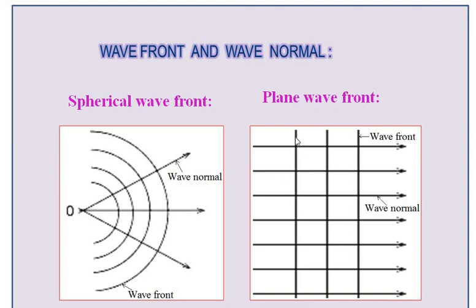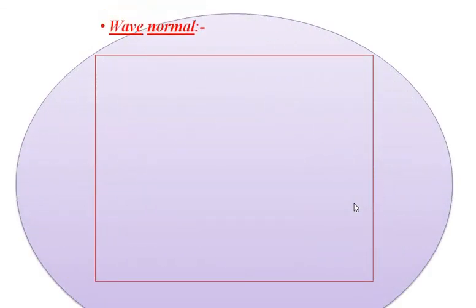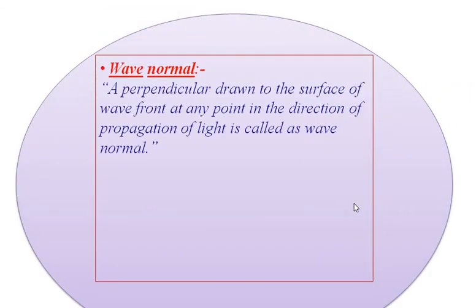In a spherical wavefront, these are the wave normals. In a plane wavefront, 1, 2, 3 are the plane wavefronts and the parallel lines are the wave normals. These are the definitions of wavefront and wave normal.